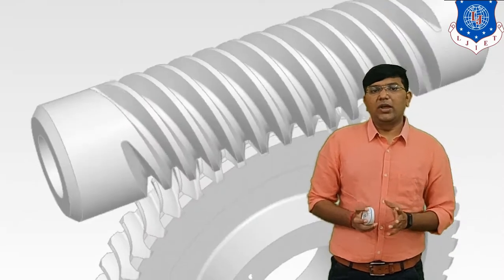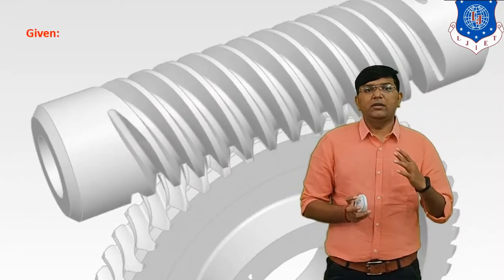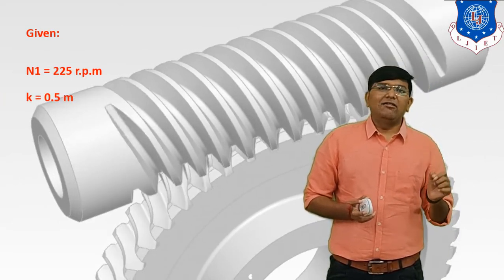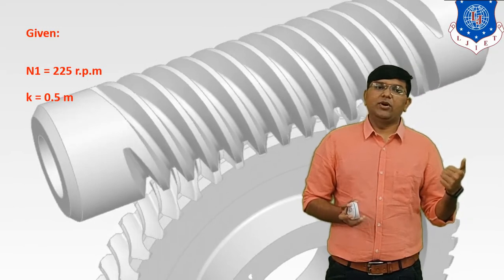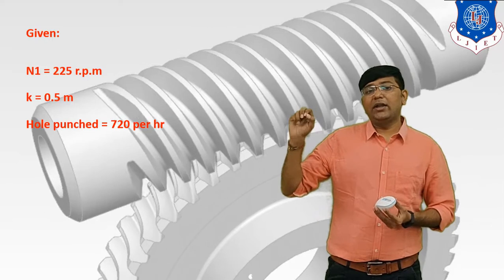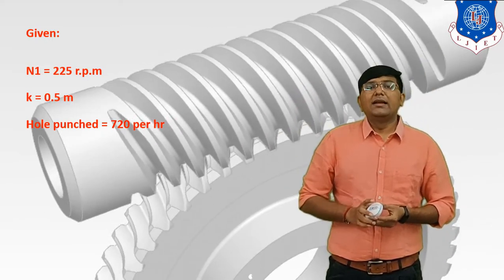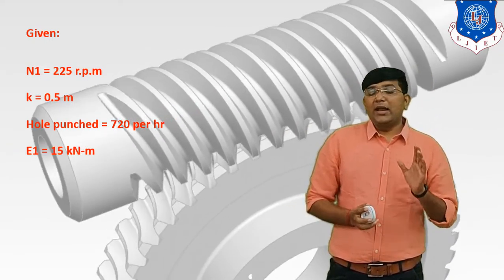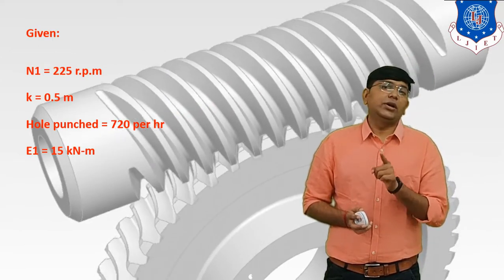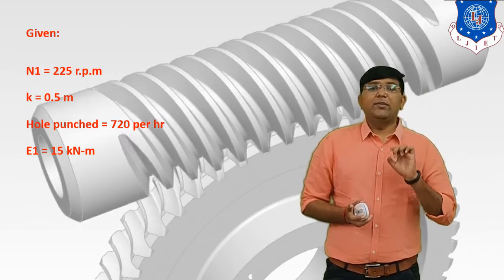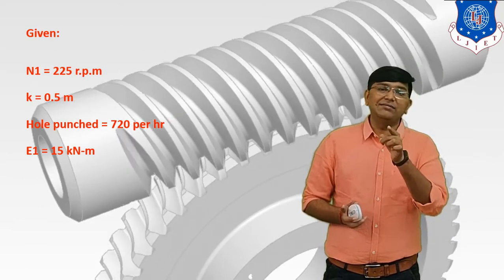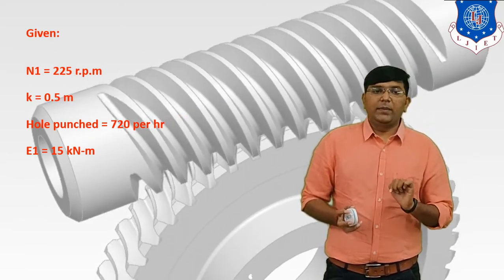Clear? So first of all we have to write the given data. Capital N1 is equal to 225 rpm. Second, the radius of gyration is 0.5 meter. Third, holes punched, 720 holes per hour. Next, capital E1, the energy required for one punching operation, is 15 kilonewton meter.